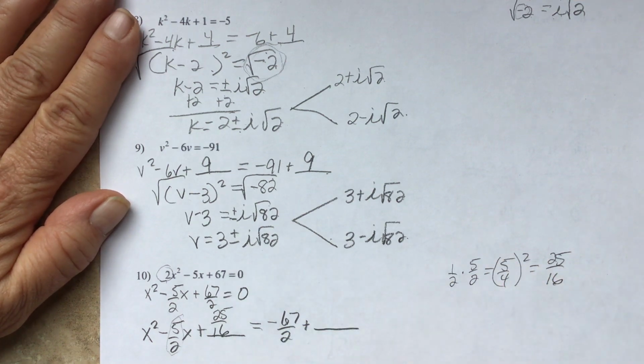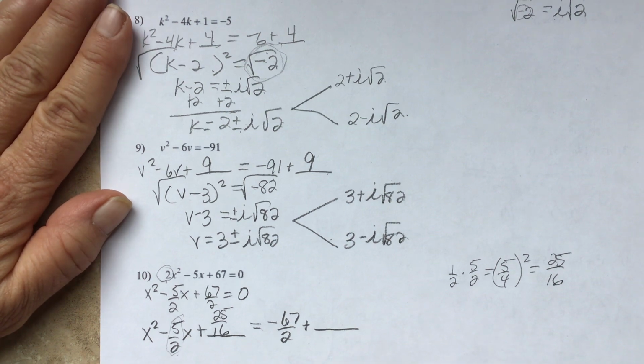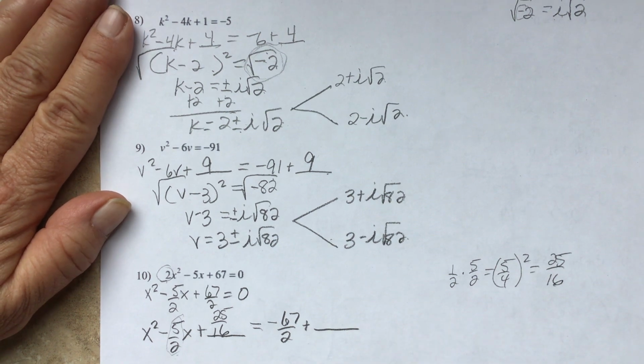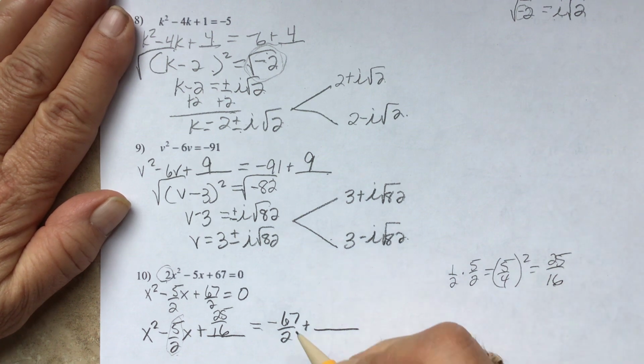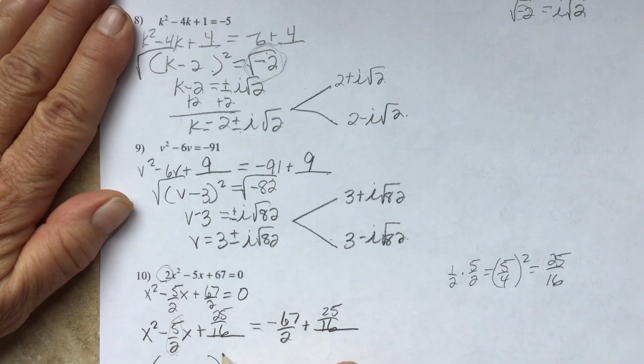If you're going to take half of something, you can just double the denominator, because you're dividing it by twice as many, which makes it a half. And this is 25/16. Okay, express as a binomial squared. Well, this is definitely x. This is definitely minus.